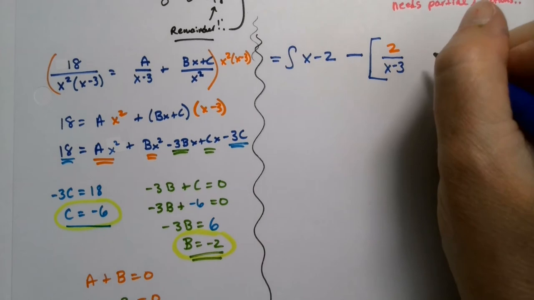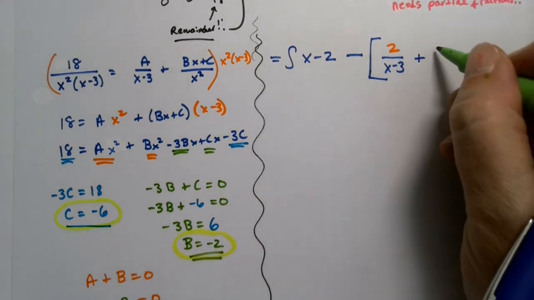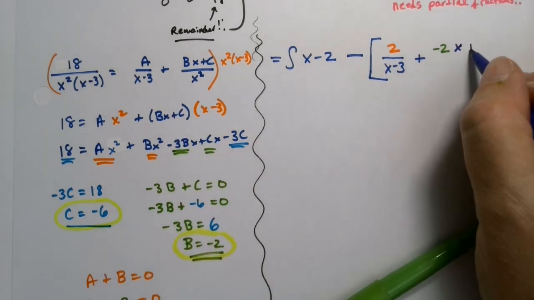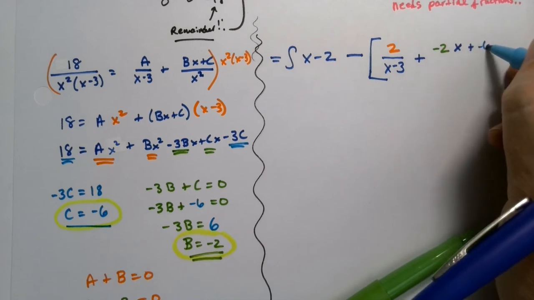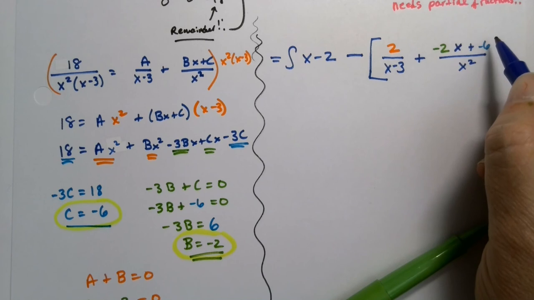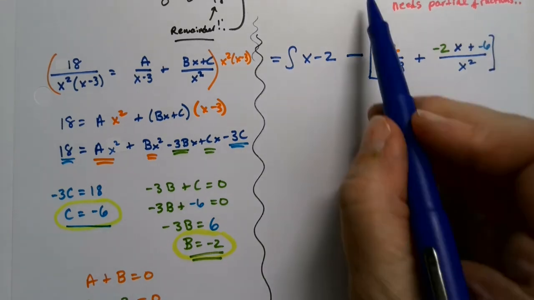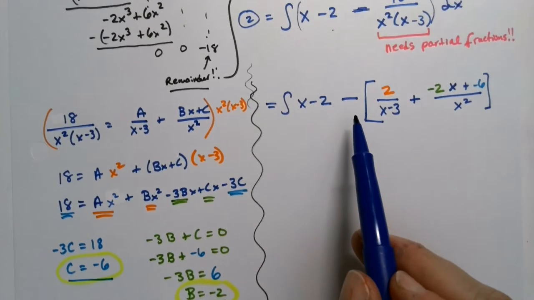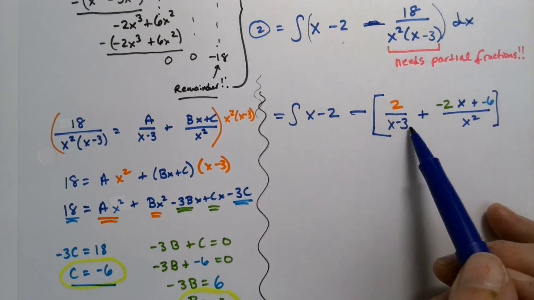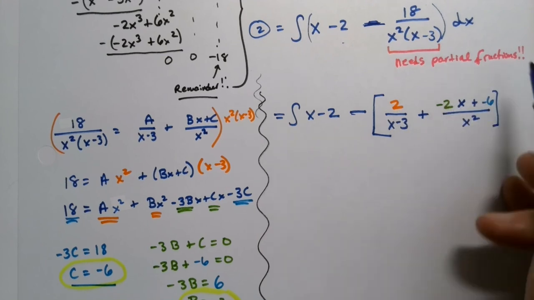So 2 over x minus 3 plus bx plus c, so that's a negative 2x plus negative 6 over x squared. Minus because of the minus in front of the whole thing. So this minus right here is this minus right here. So it's a over x minus 3 plus bx plus c over x squared dx.